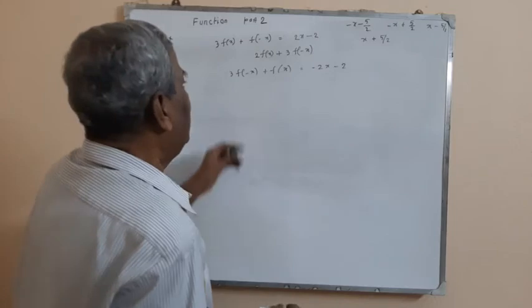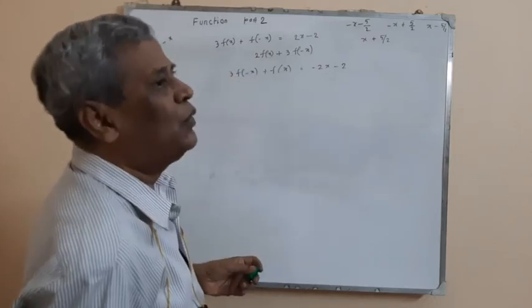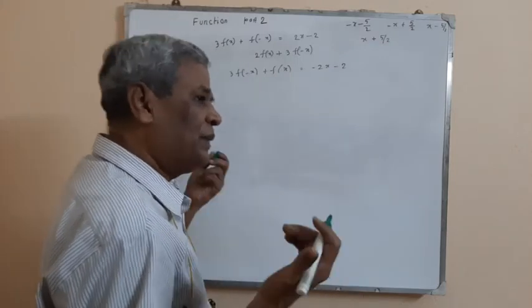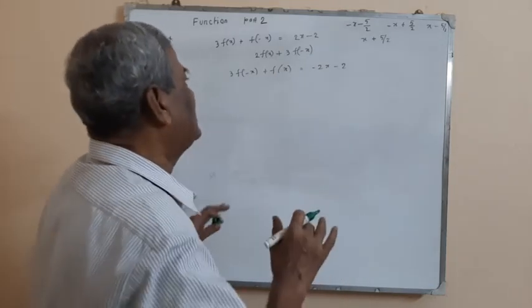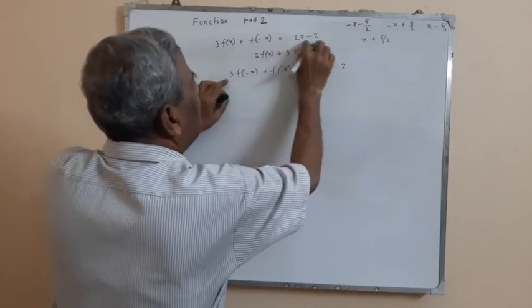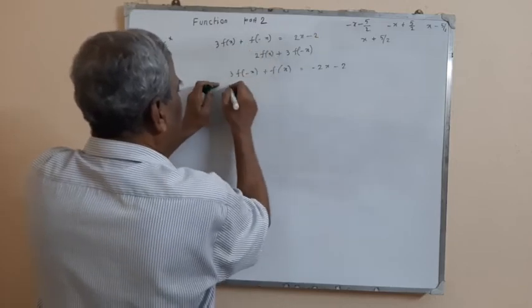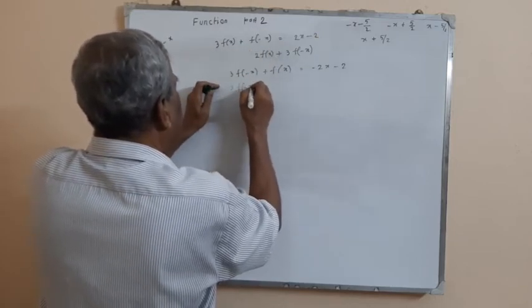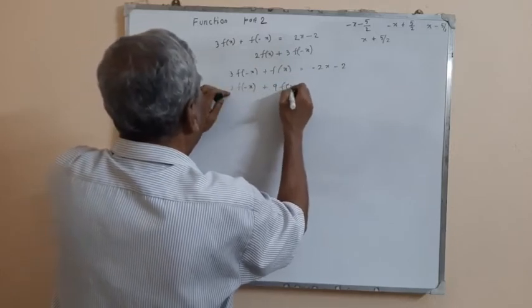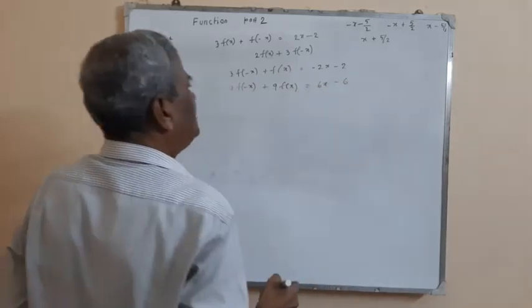One unknown is f(x) and the other is f(-x). Very easily now we can eliminate f(-x) to obtain f(x), or vice versa. So for that purpose, you multiply throughout this by 3, so that this becomes 3f(-x) + 9f(x) is equal to 6x - 6.